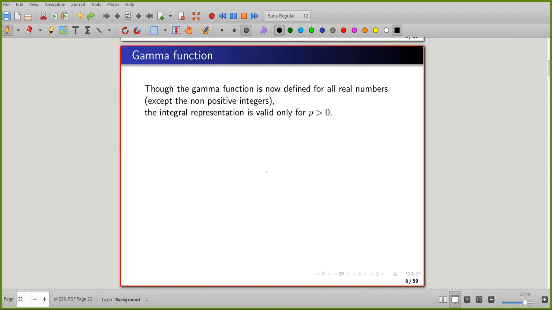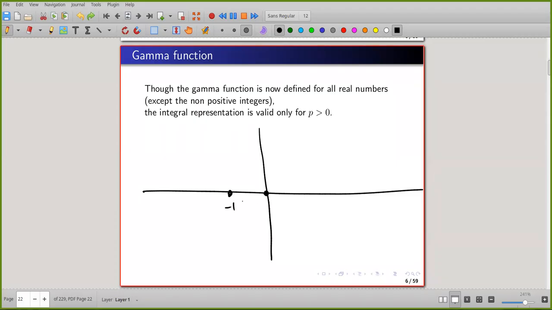So what I'm trying to say here is, we have the complex plane. And if you understood what I'm saying, we would have defined the gamma function as a nice function at all points, so let me make these open circles, at all points except these. However, to begin with, we defined the gamma function in this region by an integral.